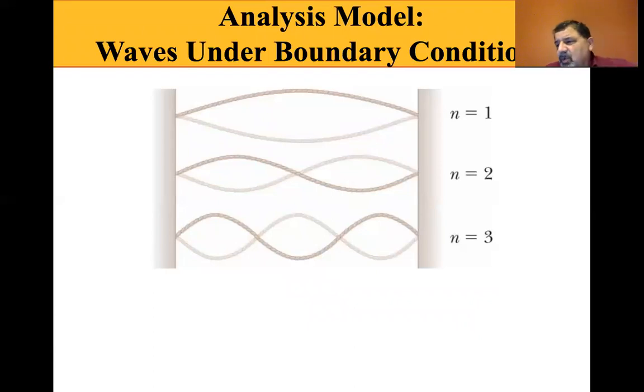This happens when waves traveling back and forth on a guitar string combine to form a standing wave. Sound waves traveling back and forth in a clarinet combine to form standing waves. A microscopic particle confined to a small region of space is modeled as a wave and exhibits quantized energy. The Fermi energy of a metal is determined by modeling electrons as wave-like particles in a box.